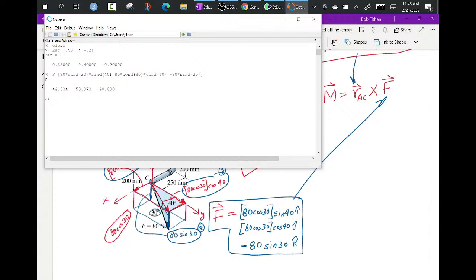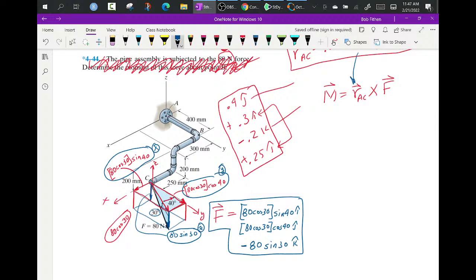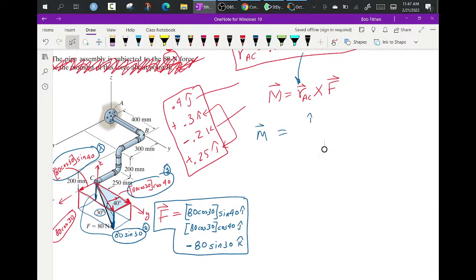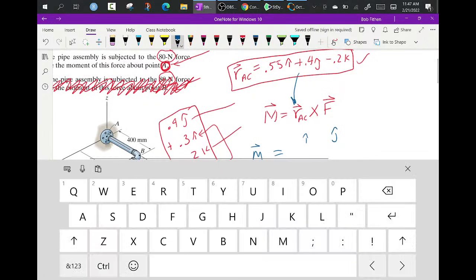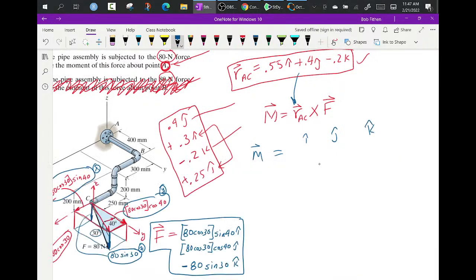So to complete this, I'll write the whole thing down here. What the moment would be is an I, a J, and a K. And the R vector is 0.55, 0.4, and minus 0.2.